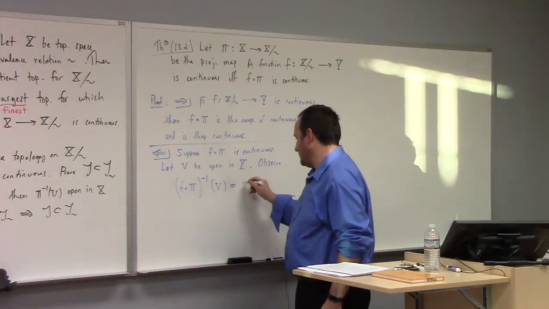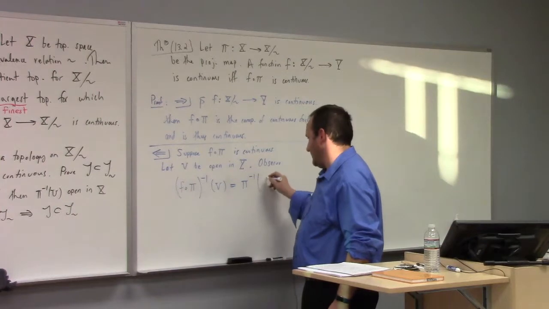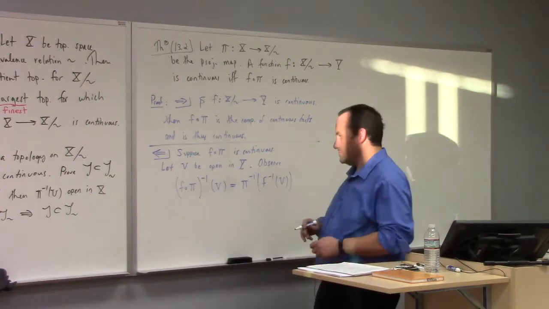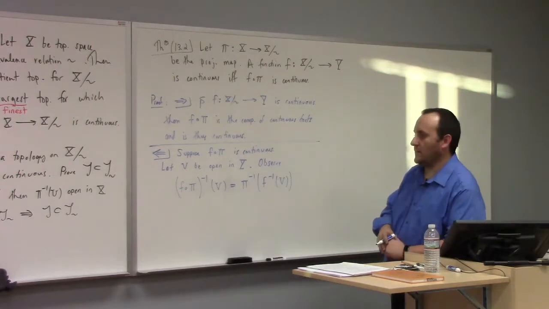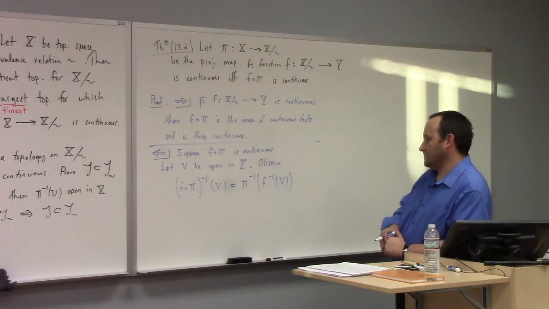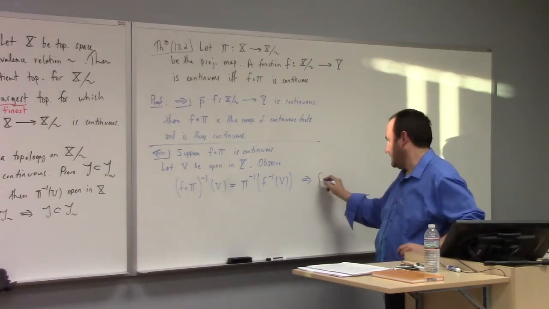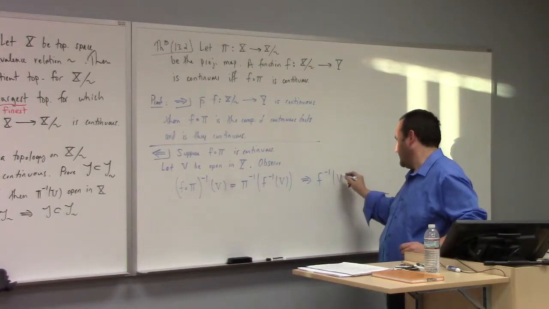So this is pi inverse of f inverse of V. Right, which implies that, now why does f inverse of V have to be open?